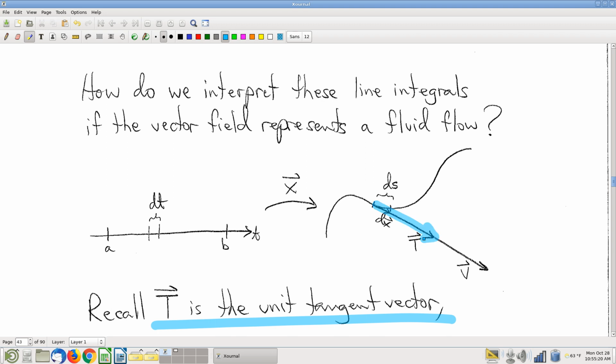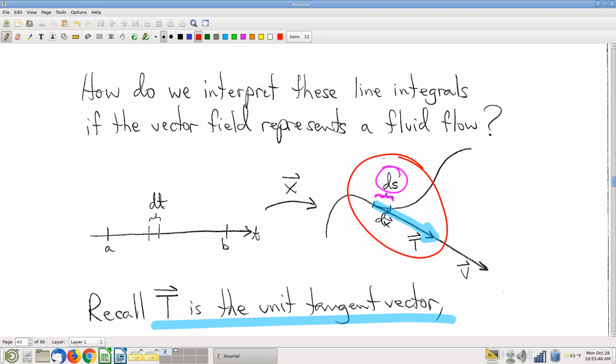Recall also, we have previously discussed this length of the position differential. We've called it ds, the length of that little piece of curve. And at a glance, I think it's a pretty easy buy that dx is ds times that unit tangent vector, right? Think about it.